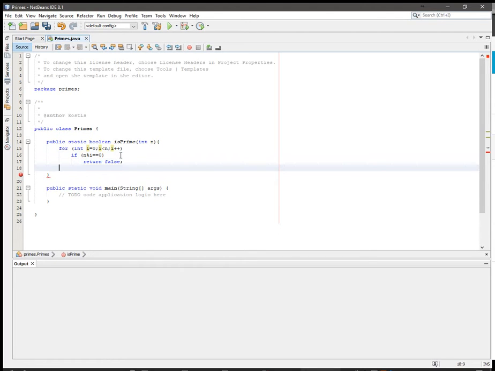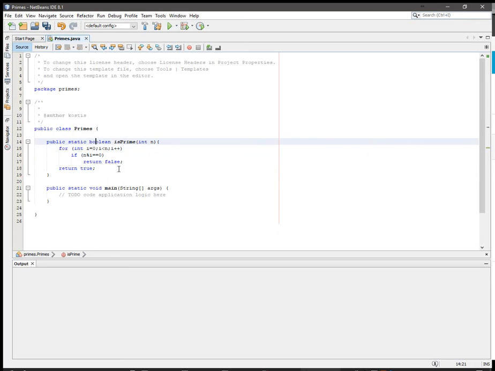If we search all the numbers and find none of these divides n perfectly, we will return true.